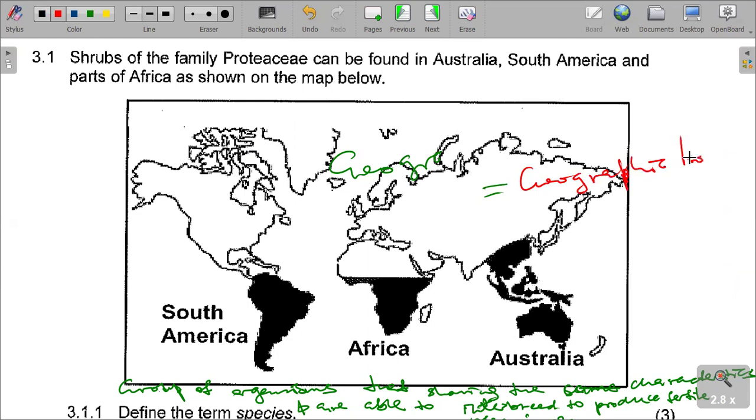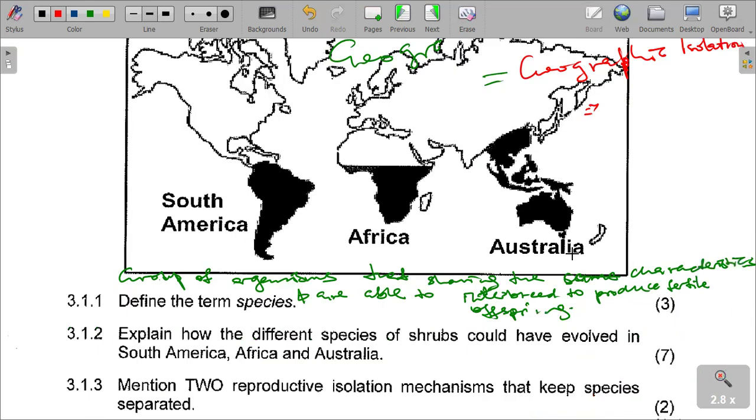The population was separated into different groups, which underwent natural selection, not being able to interbreed with each other, so there was no gene flow. Then the organisms were genotypically and phenotypically different, which would result in the formation of different species, such that when they meet again, they cannot interbreed.